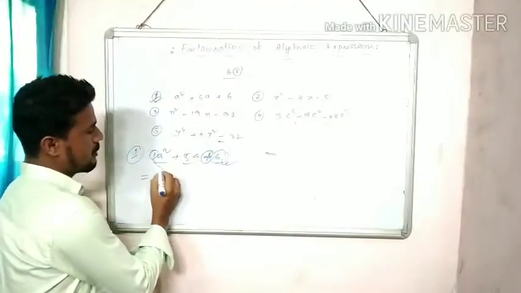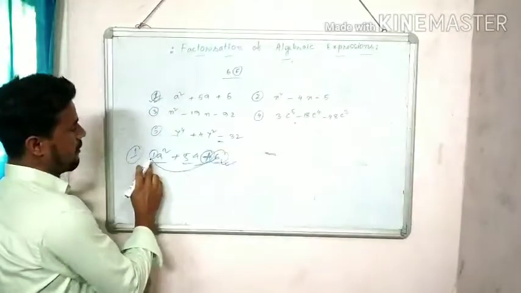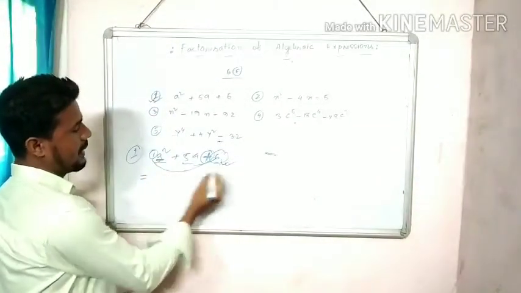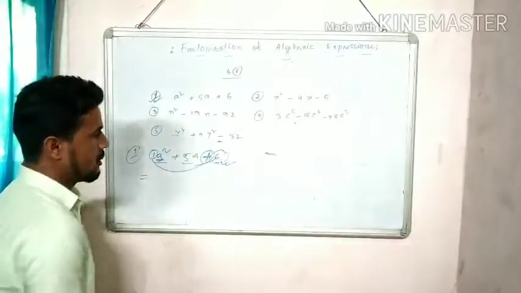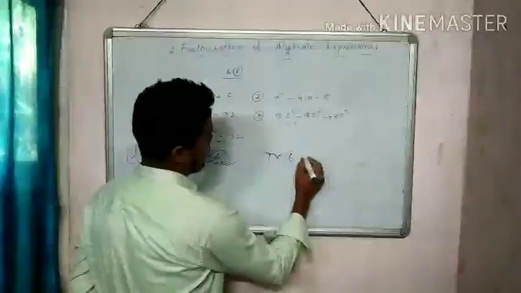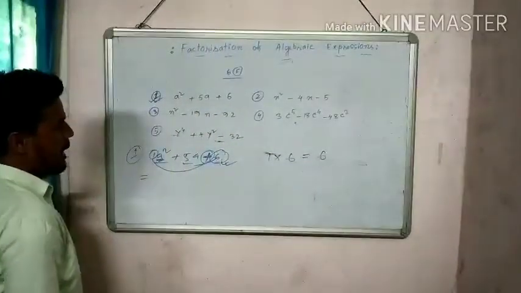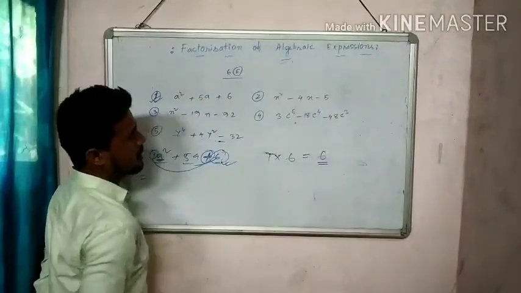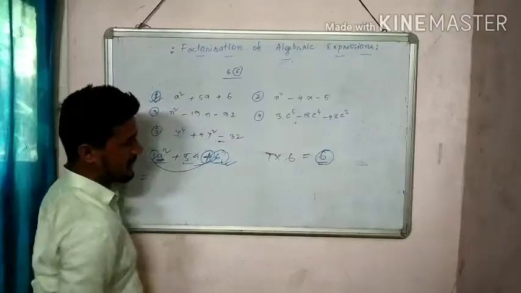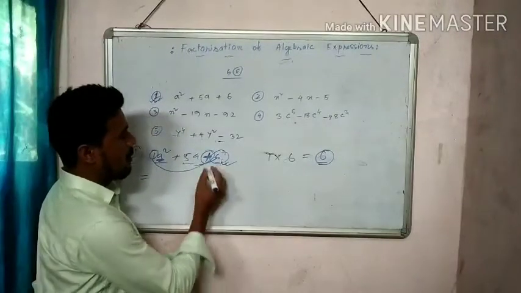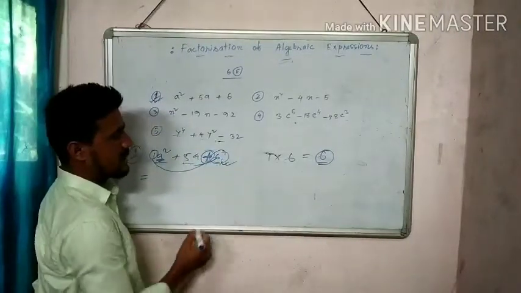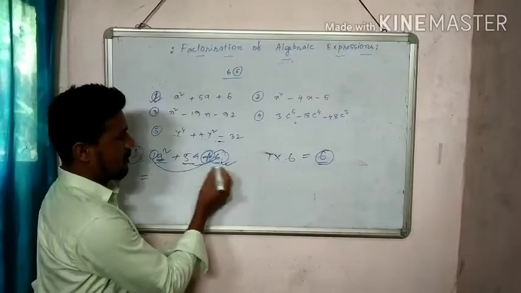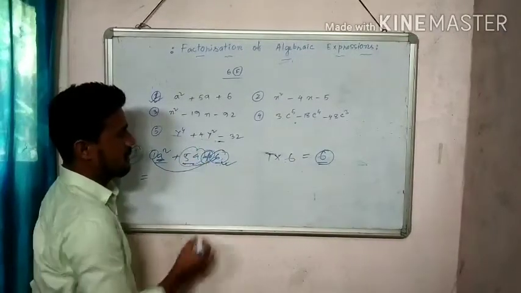So first you need to multiply the coefficient of the first term and the constant term. So multiply 1 into 6, it will be 6. And you have to write the factors of the constant term so that their sum, here with a positive sign, gives the middle term.